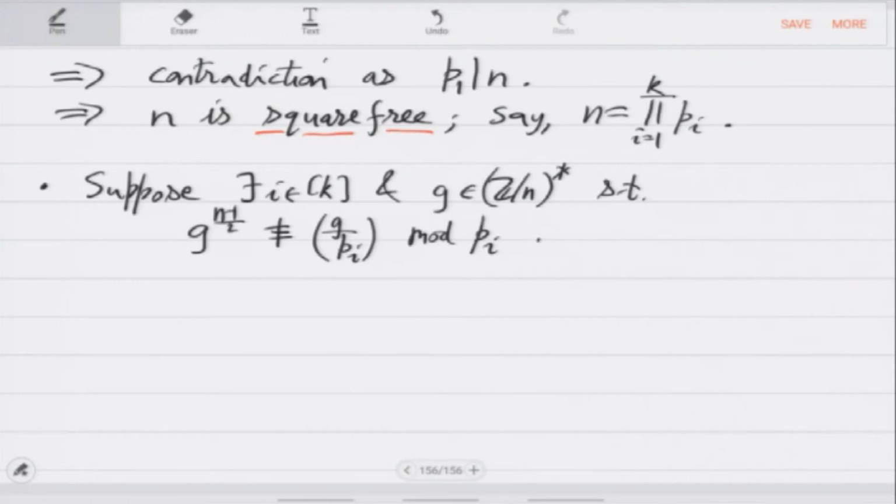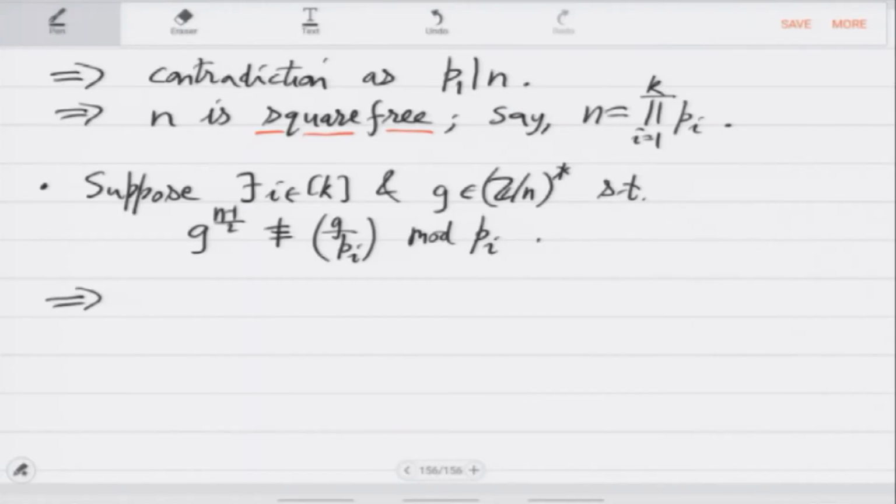Suppose there is a number G and an I such that G raised to n minus 1 by 2 is not the same as the Legendre symbol G over Pi, mod Pi. Then I claim that we will contradict B equal to Zn star. How is that?